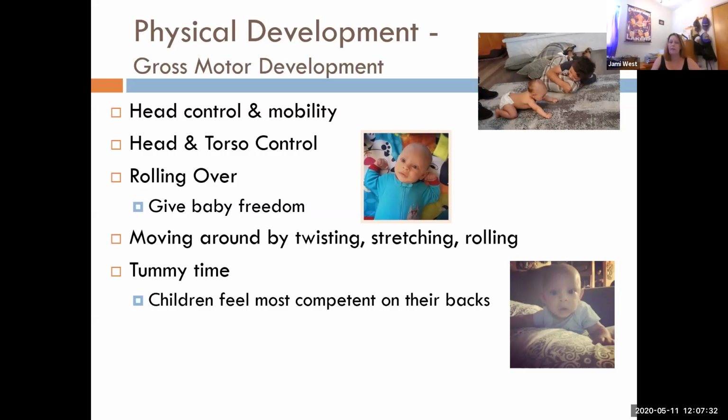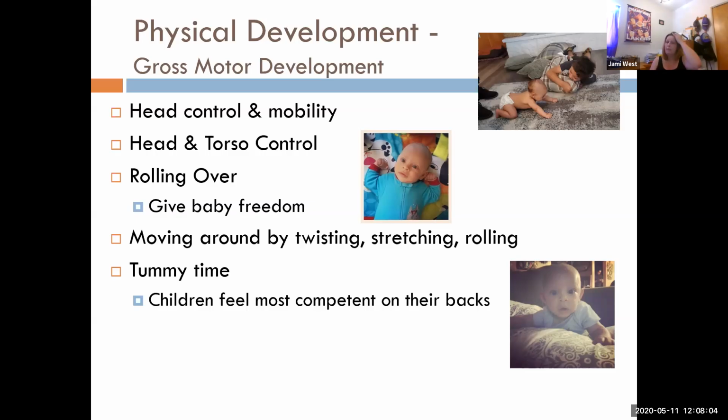And very often we're given misinformation that children should be given tummy times very early on, and it's too early. Unless they can get on the back, roll over on their stomach on their own, they should only be put on their back. Again, because they don't have movement. If you lay right now on your stomach, you'll see how hard it is to move your arms freely, move your legs freely, and move your head freely.